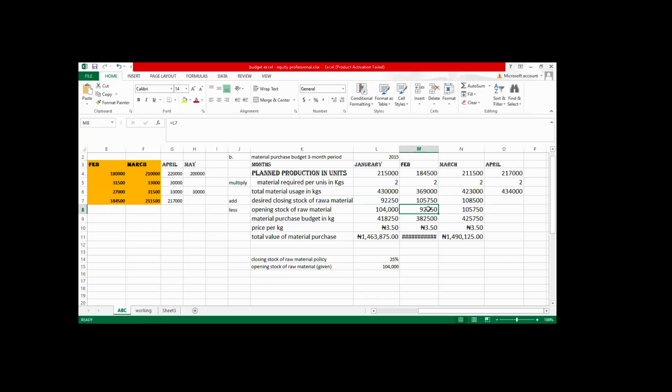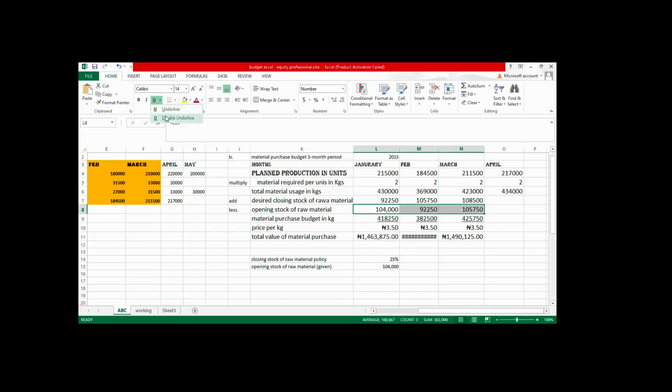To get opening stock for March, the closing stock of February becomes the opening stock in March. You can now get your production budget in kg.